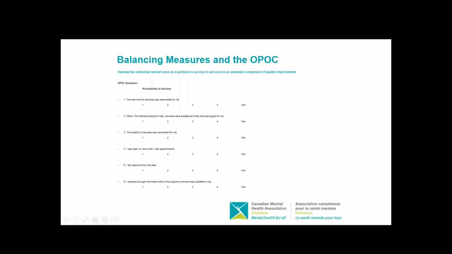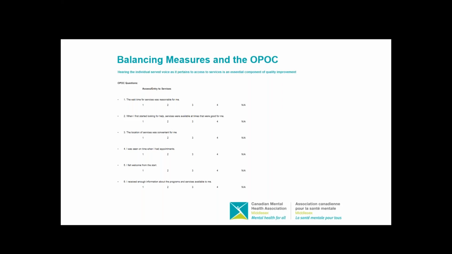The OPOC has the entire section, as was described before, on access to service. So the first 4 questions around the wait time for service, when I first started looking for help, it was there for me, locations were convenient, and I was seen on time. Those are directly related to our quality improvement project on access.